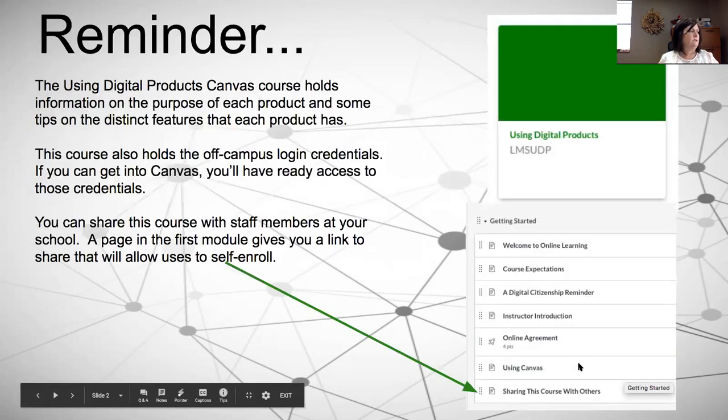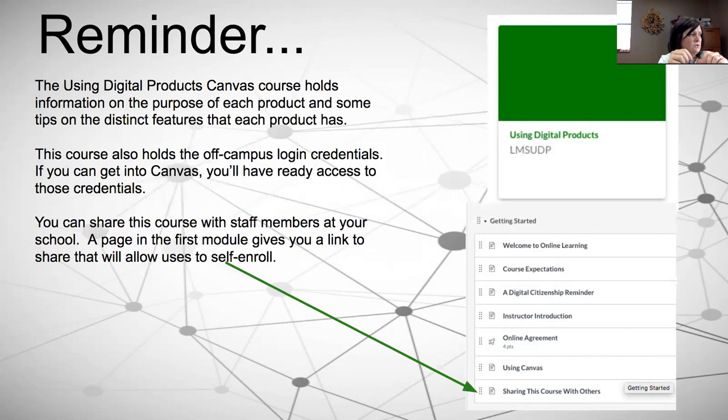Just as a reminder, we do have the Using Digital Products Canvas course. If you haven't been in there in a while, or haven't gotten to peruse that course much at all, there is a wealth of information about the particular subscriptions that we have.